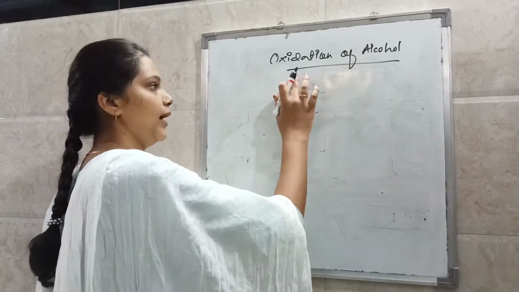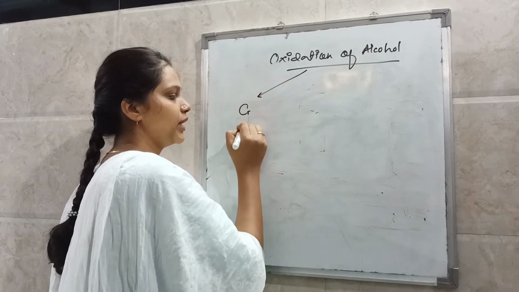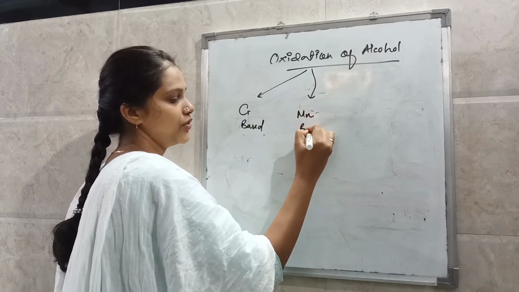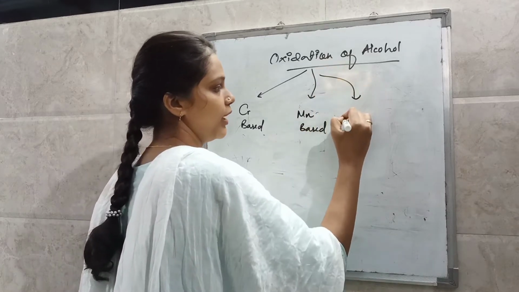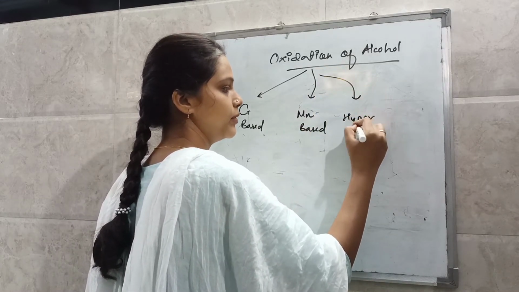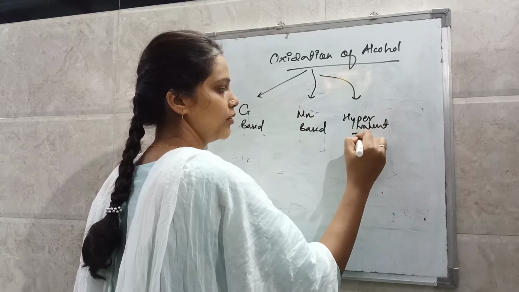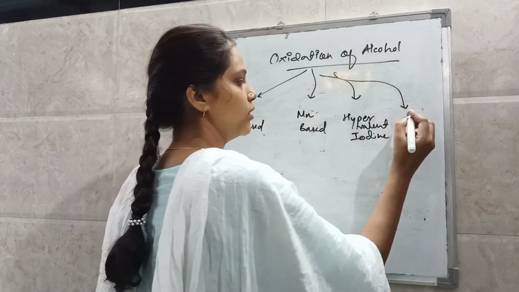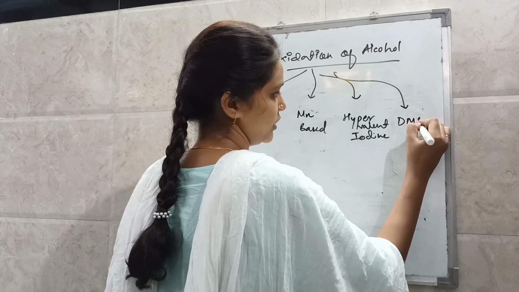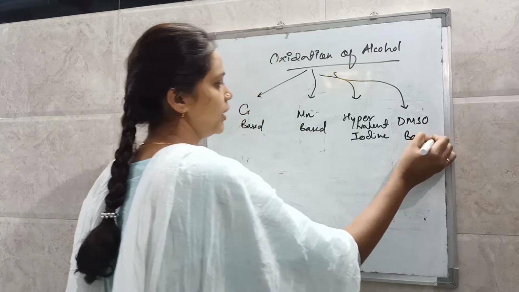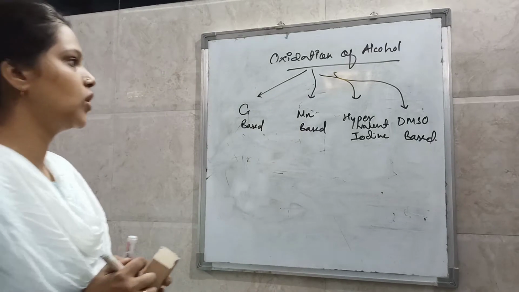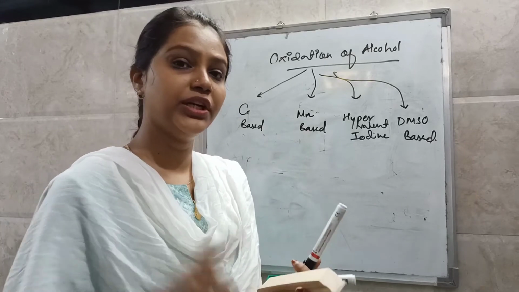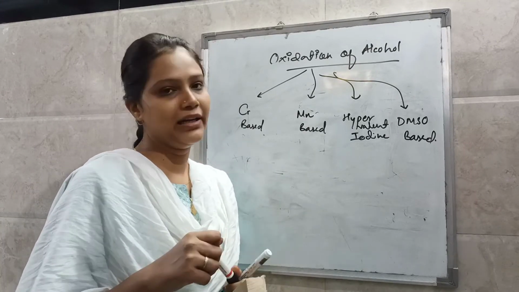See here: alcohol can be oxidized by using chromium based reagents, manganese based reagents, hypervalent iodine, and DMSO based reagents. So alcohol can be oxidized by using different reagents like chromium based reagents, manganese based reagents, DMSO based reagents, and hypervalent iodine.